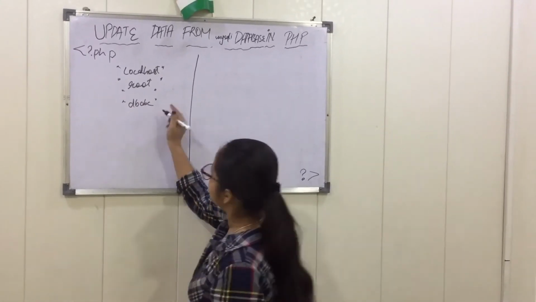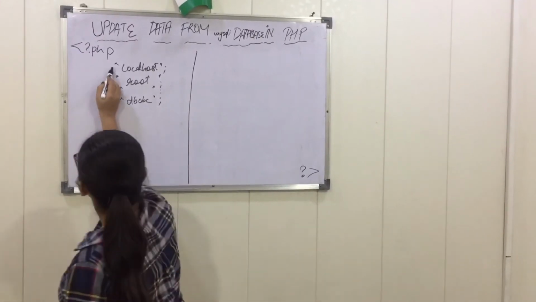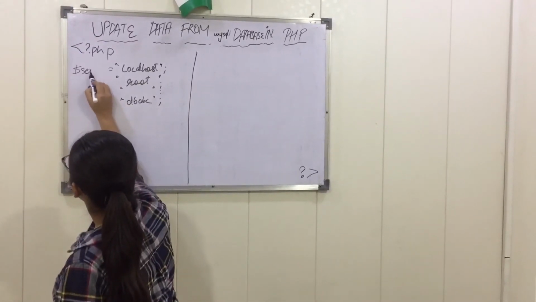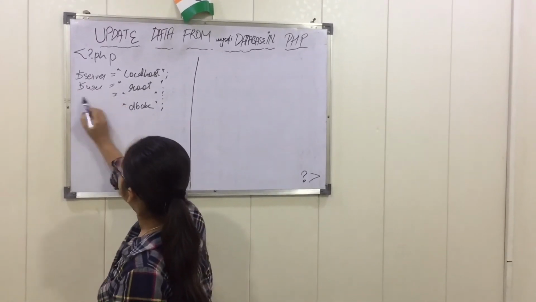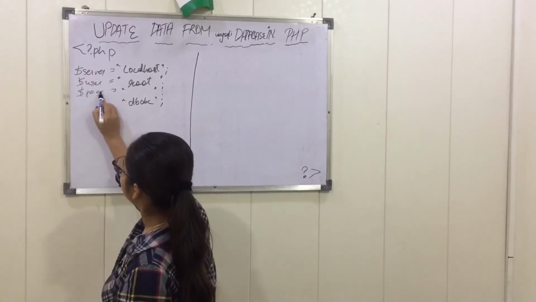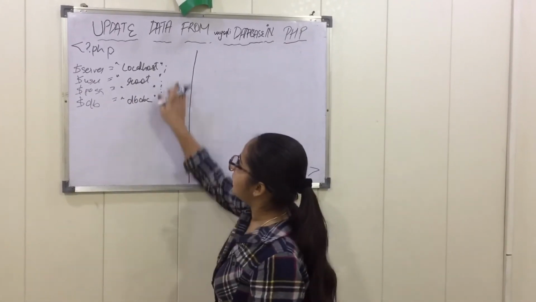We will put these into variables: first $server, second $user, third $password, that is $pws, and after that $DB. So we have taken these fields.